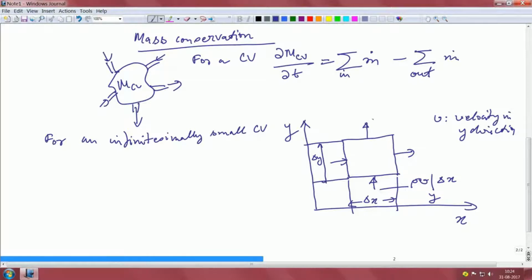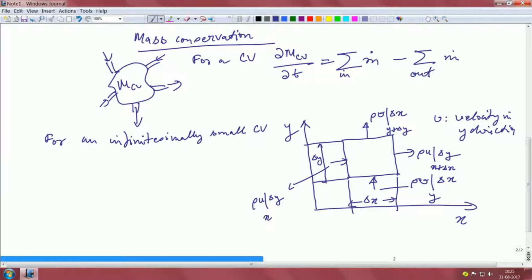What is leaving out will still be rho v, but evaluated at y plus delta y. These two v's are not the same: one v is evaluated at y and one v is evaluated at y plus delta y, and this is also multiplied by delta x, correct. Similarly, on this face it is rho u evaluated at x into delta y, and what is leaving on the other side is rho u evaluated at x plus delta x, into delta y, correct.